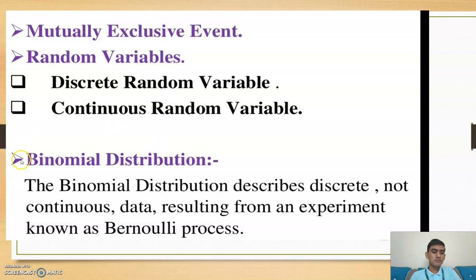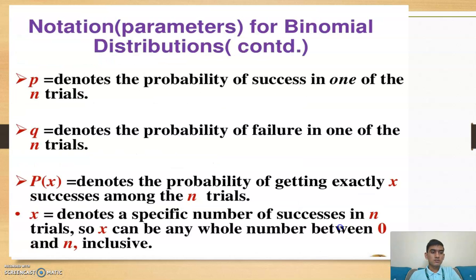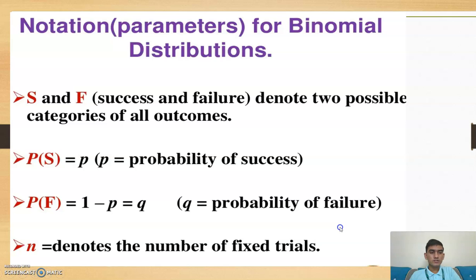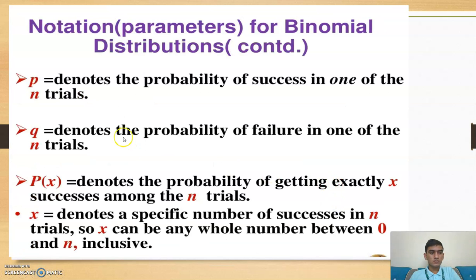We will see what is binomial distribution. The binomial distribution describes only discrete data and it does not describe continuous data resulting from an experiment. So we will see some notations of binomial distribution. P denotes the probability of success in one of the n trials. Q denotes the probability of failure in one of the n trials.